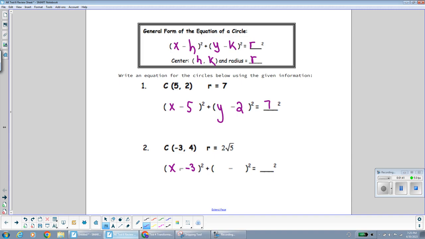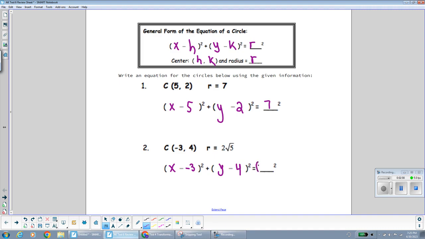So here we have x minus -3. We can also rewrite that as x plus 3 because a minus minus makes a plus. Plus y minus the y coordinate of the center, which is 4, squared, is equal to radius squared.